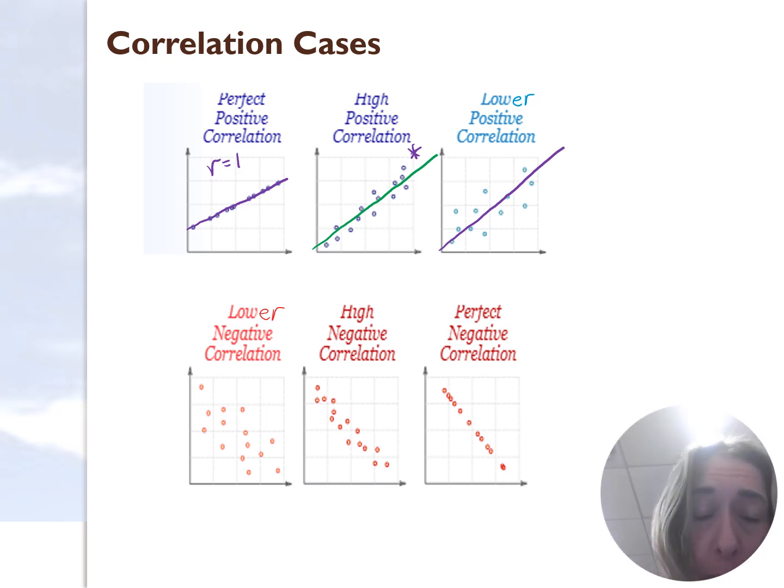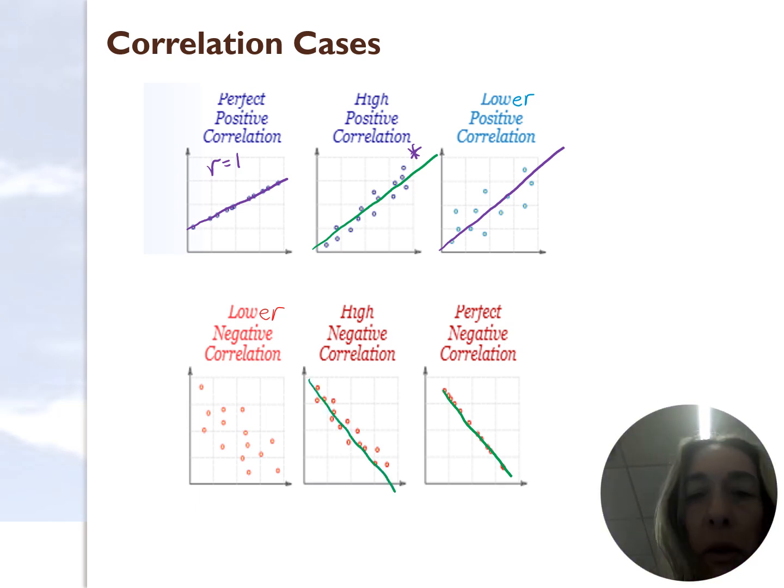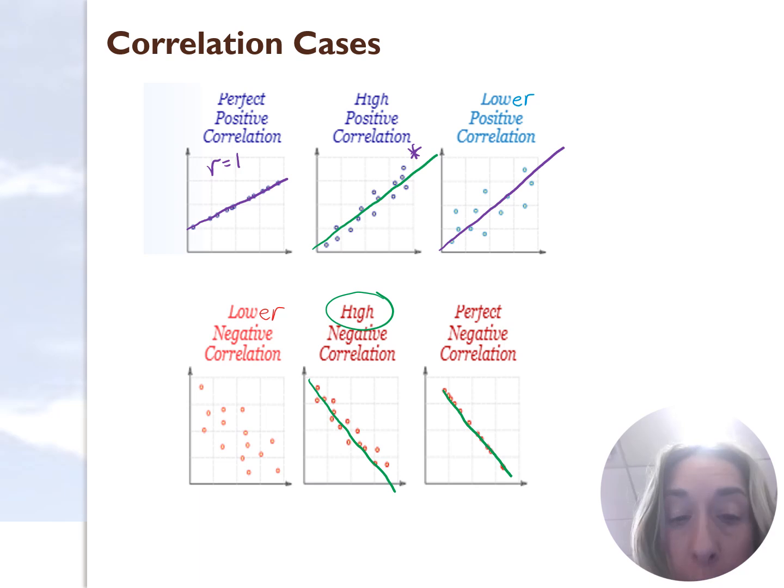Looking at the graphs on the bottom, same, but for the negative correlation case. Here is a case of perfect negative correlation where the points all lie exactly on that negatively sloped line. Here, these points don't have perfect negative correlation, but it's fairly high.